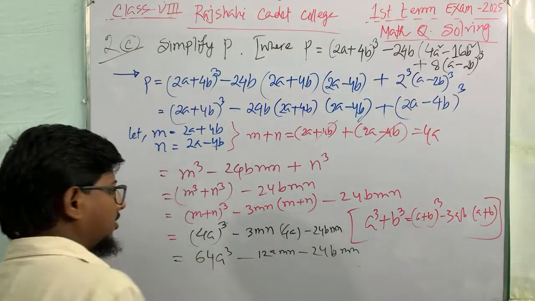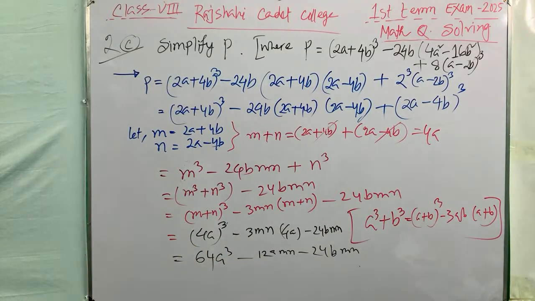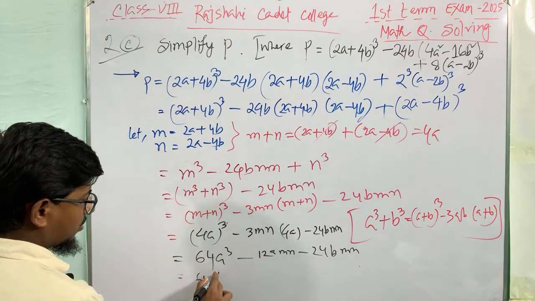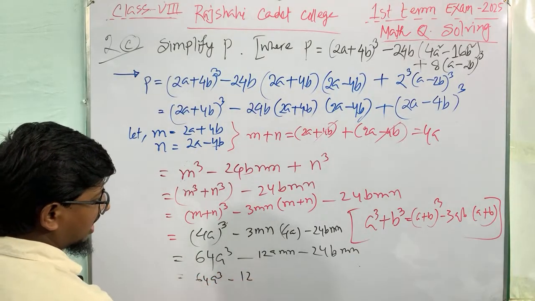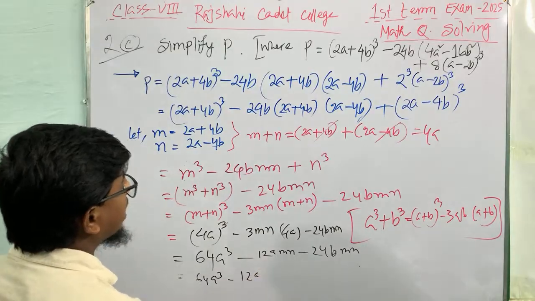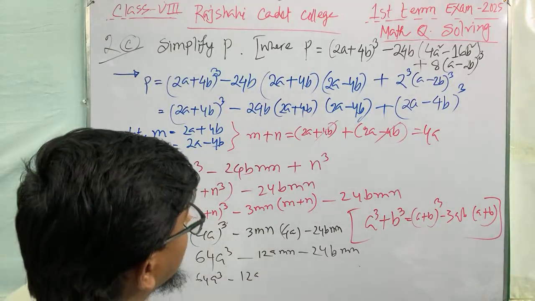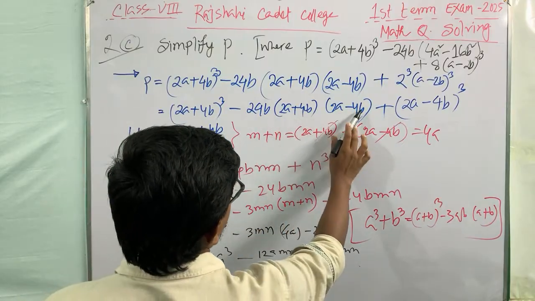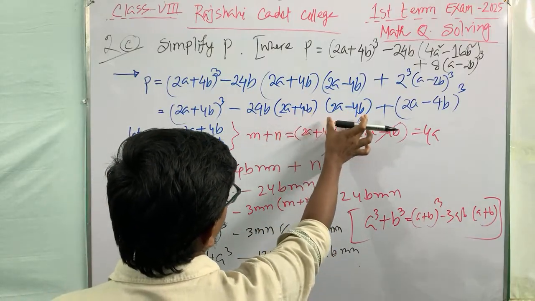So did you understand up until this line? Okay, so let's plug in the values. That is, we plug in the value of mn. Well, mn was this. This is m, this is n.